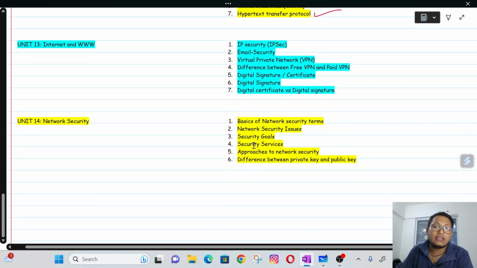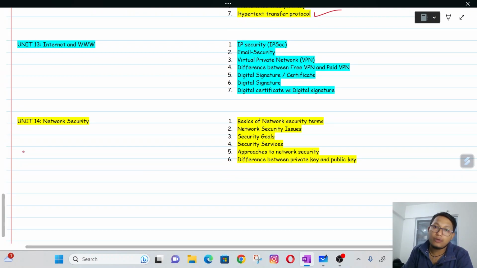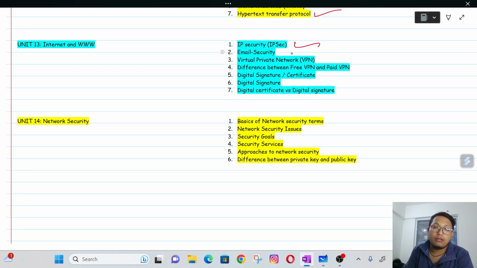Unit 13 is about internet and WWW. The subtopics inside it are IP security, email security, virtual private network VPN, difference between free VPN and paid VPN, digital signature or certificate, digital signature, digital certificate versus digital signature. These are the 7 topics explained in unit 13 of data communication and networking.